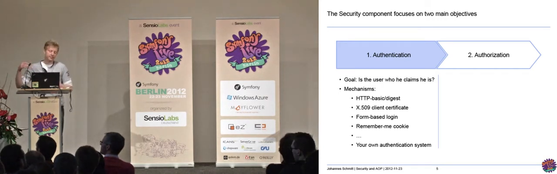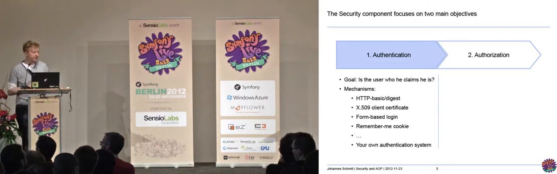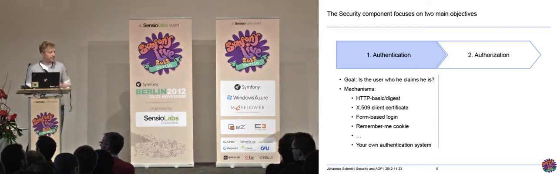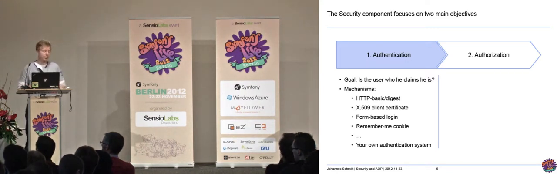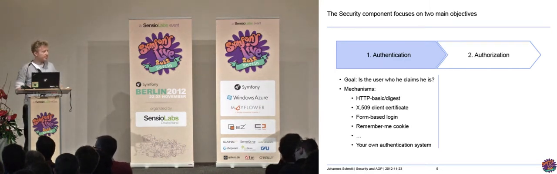And we have several mechanisms how we can do that. For example, we have HTTP basic, HTTP digest authentication. Then we also have pre-authenticated things where the web server actually does the authentication, and that's, for example, the X509 client certificate.